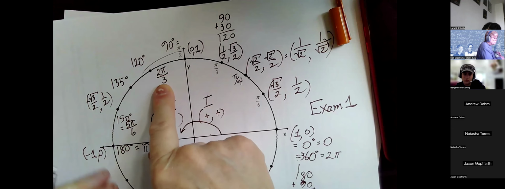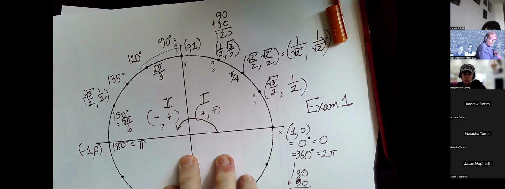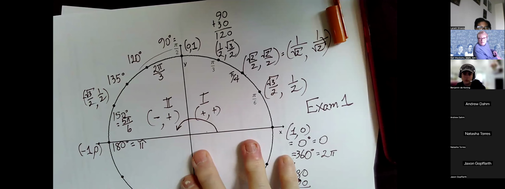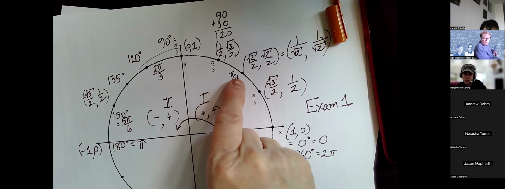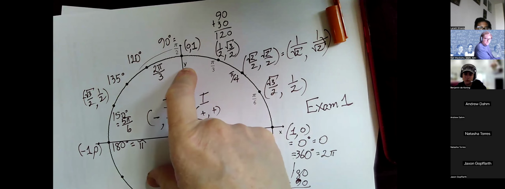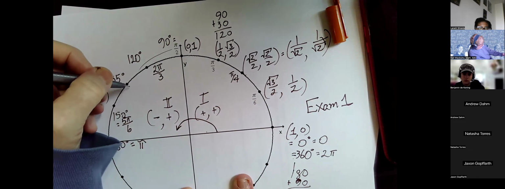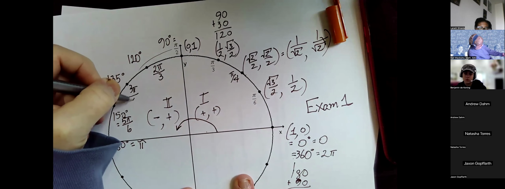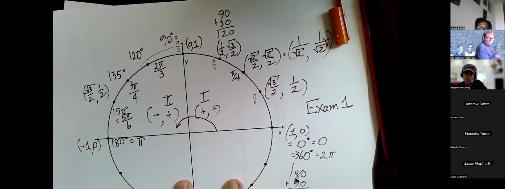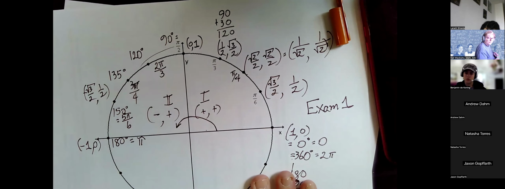Adding 15 or pi over 12 to 2 pi over 3 is a lot of work. So I'm just going to count by pi over 4s. We've got 1 pi over 4, 2 pi over 4s, 3 pi over 4s. Did y'all see that? Yes. We'll work on that skill because it's very important.